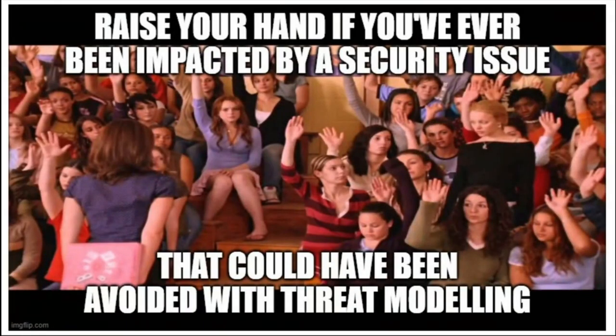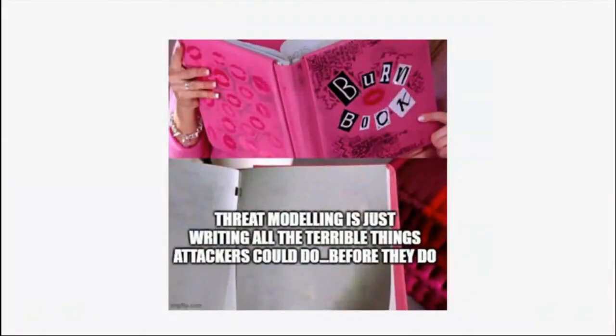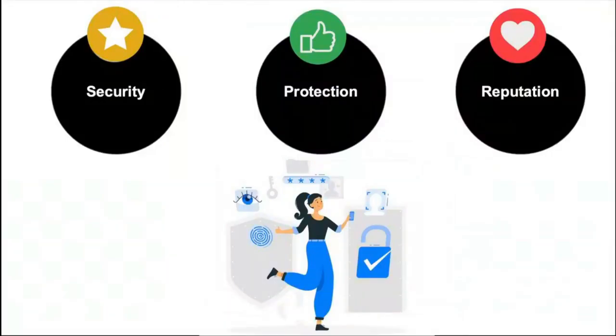So now that you know about threat modeling, do you think you've been involved in a security incident that could have been prevented by it? I know I have. Threat modeling is just writing all the terrible things an attacker could do before they do it. Don't wait until development or testing phases to think about security.